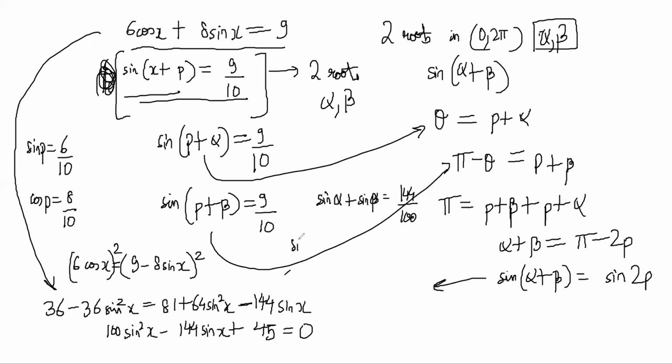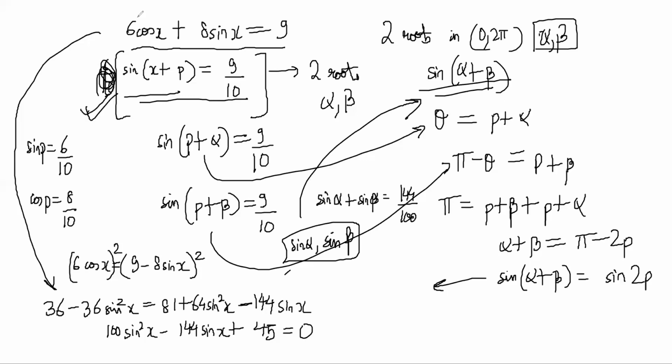You have to actually find sine alpha and sine beta, then find cos alpha, cos beta, and then put the values in. It will be long and horrible, but it is solvable also like that. It's not like it's not solvable, it's just going to be long. So better use this idea.